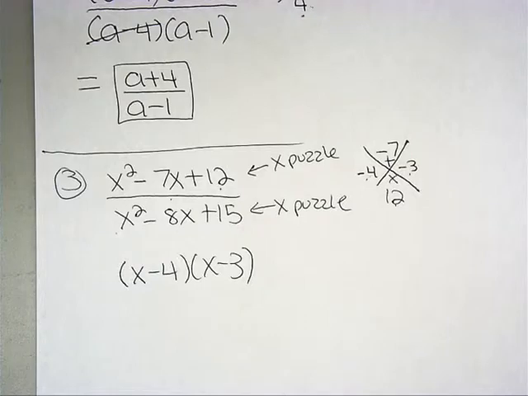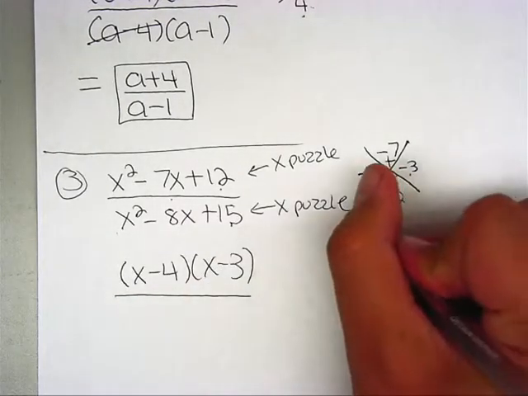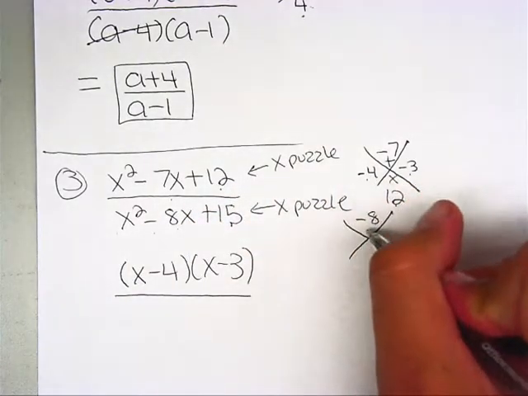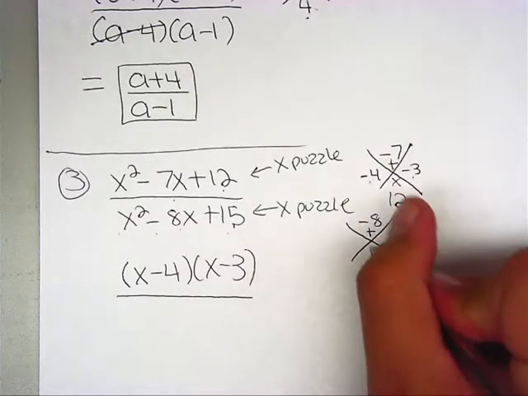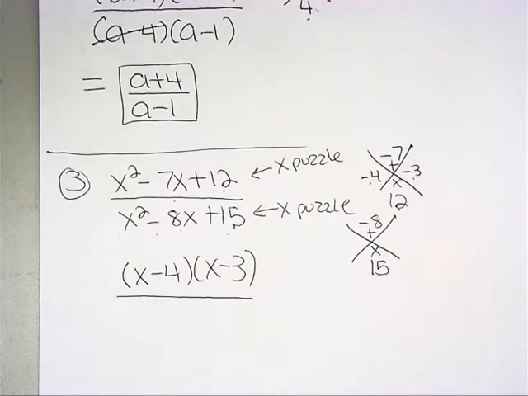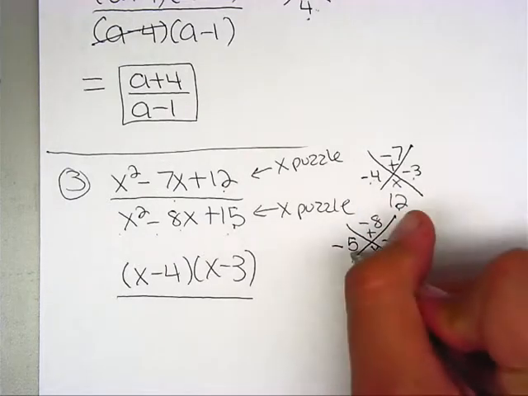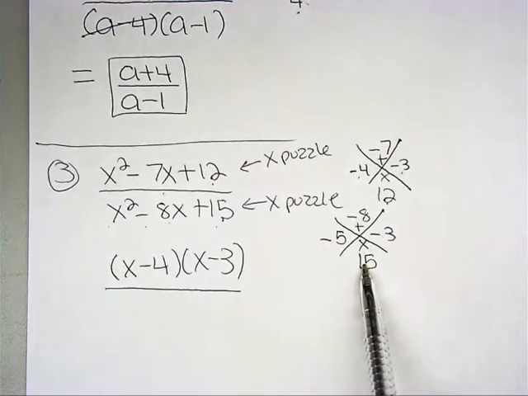Let's focus on the bottom. To set up the x puzzle for this problem, negative 8 goes on top. Positive 15 goes on bottom. The two numbers that multiply to positive 15 are negative 5 and negative 3. Negative times negative is positive 15.